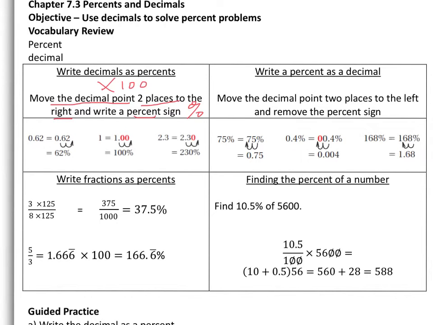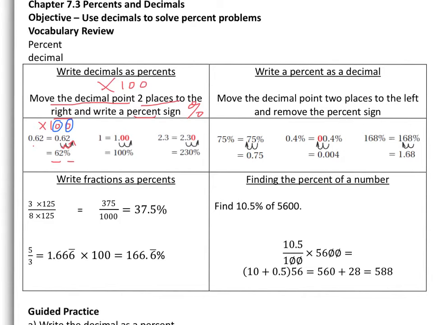Okay, so here you see 0.62. If I multiply by 100, all I have to do is shift the decimal 2 places to the right and write 62%. And remember, 10 represents 1 place. 2 zeros represents 2 places.